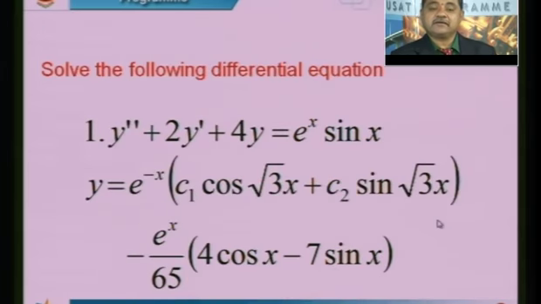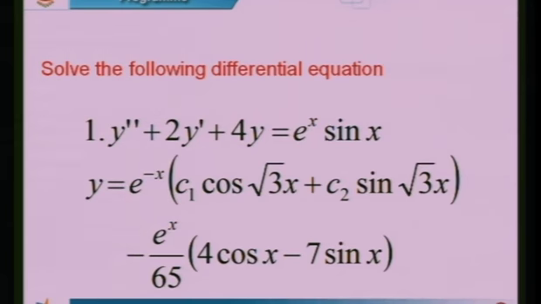Now let us see the examples one by one. Let us take the problem y double dash plus 2y dash plus 4y is equal to e power x into sin x.